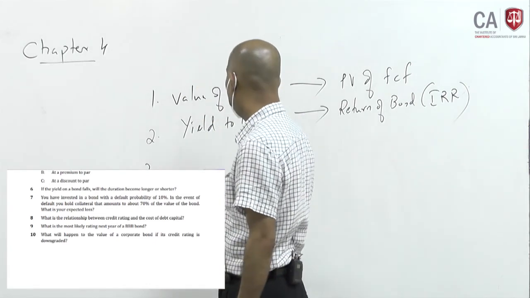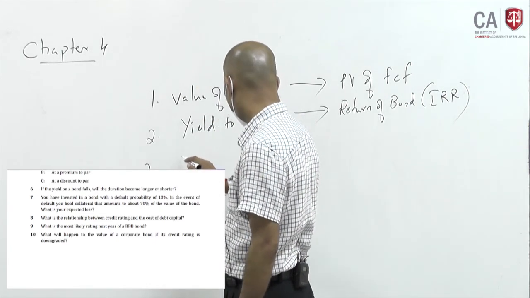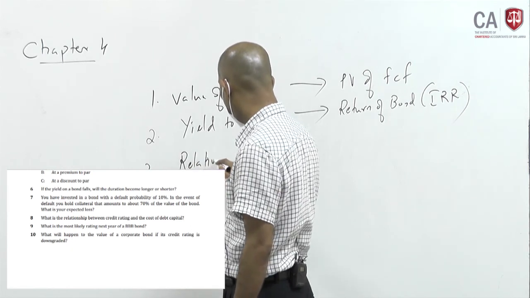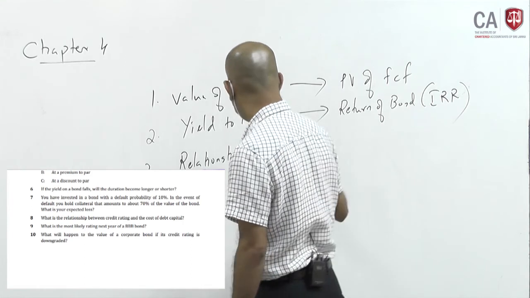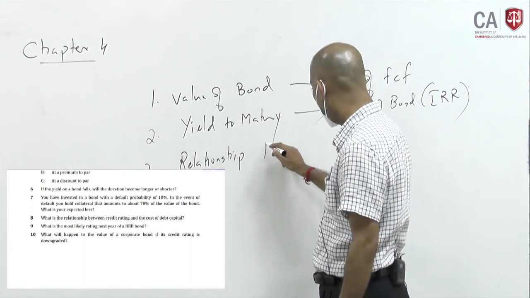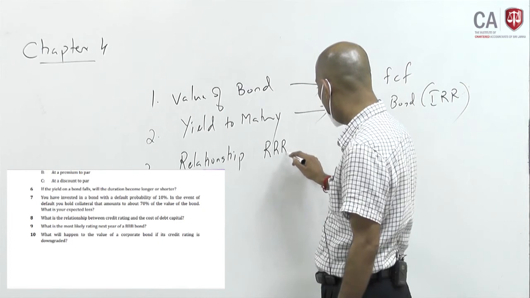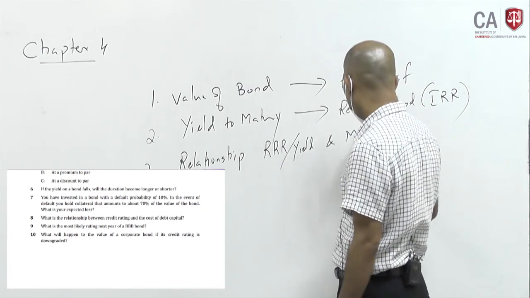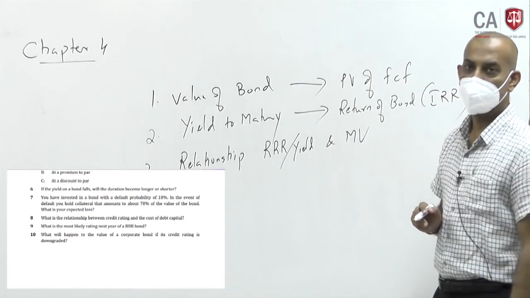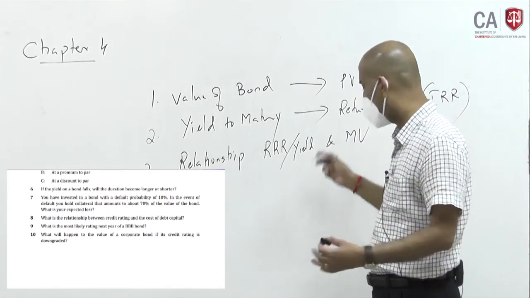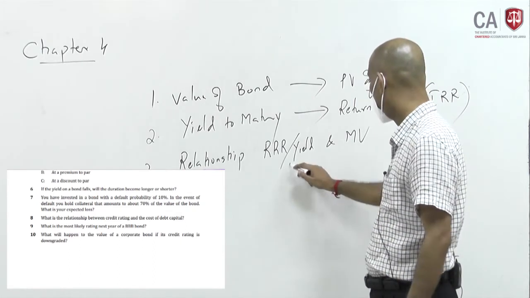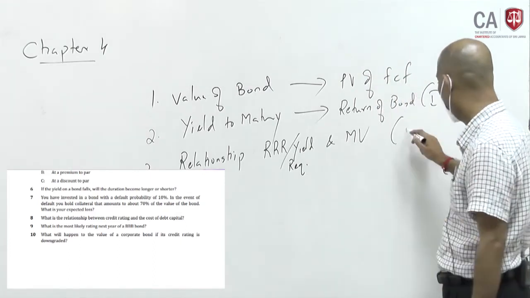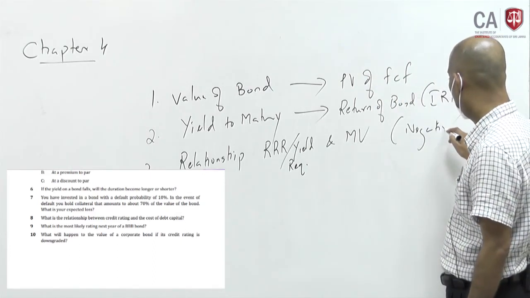Third, we said the relationship between return requirement or yield, you can call it, and the market value. Return requirement or yield requirement and market value relationship is negative.